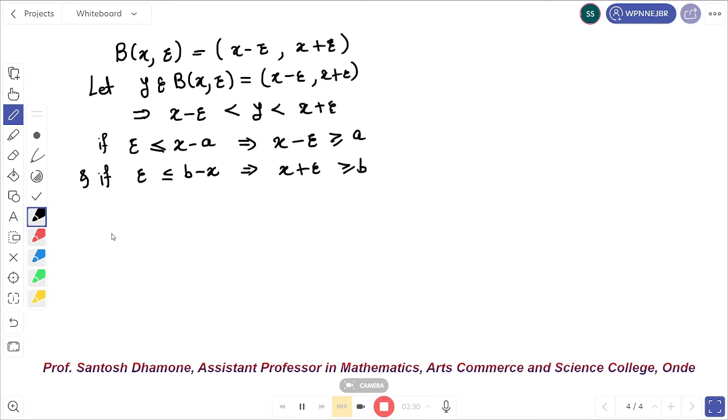Thus y belongs to the open ball about x with radius r, equal to the open interval x minus r to x plus r, implies that y belongs to the open interval (a, b).